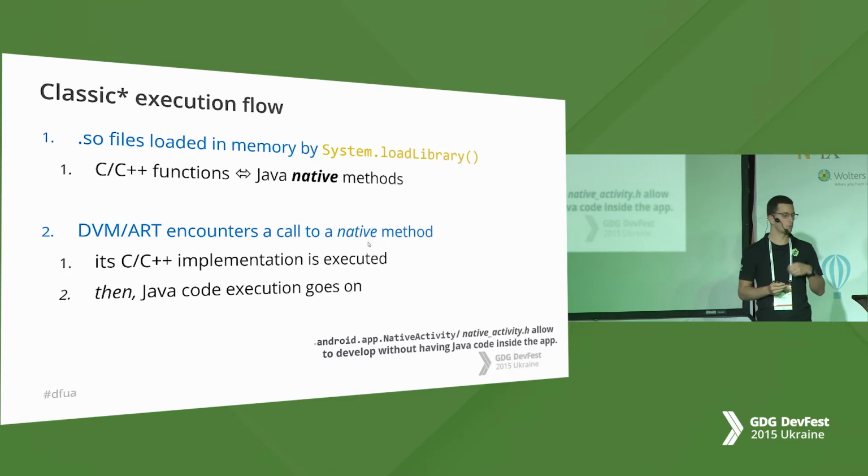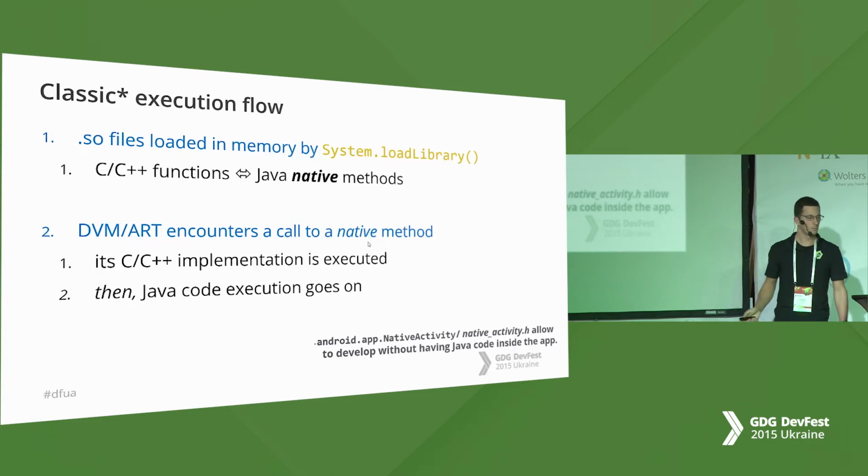That means you will have to call Java methods from your C and C++. The only difference when you use a native activity is that the system will create an activity itself, load a .so file, and then execute your android_main from your .so file.